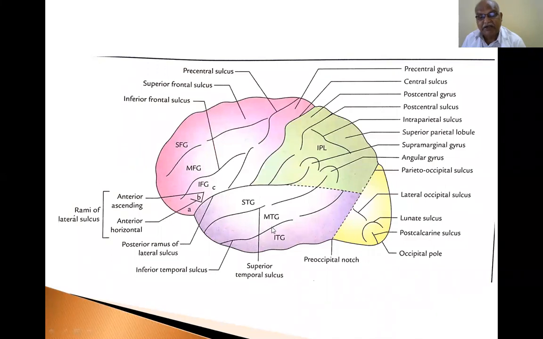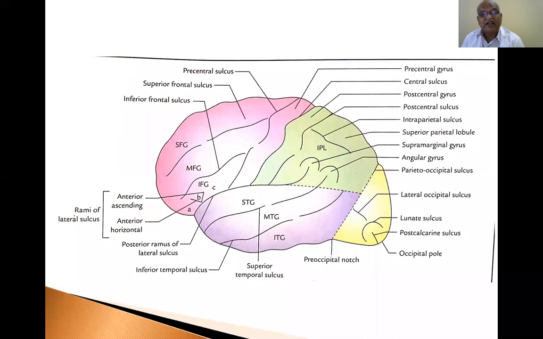Below the inferior temporal sulcus is the inferior temporal gyrus. Like that, all the lobes of the cerebral hemisphere are divided by sulci into gyri.